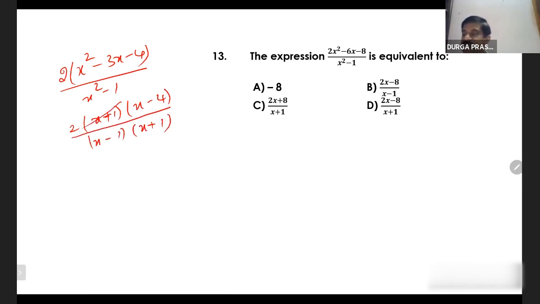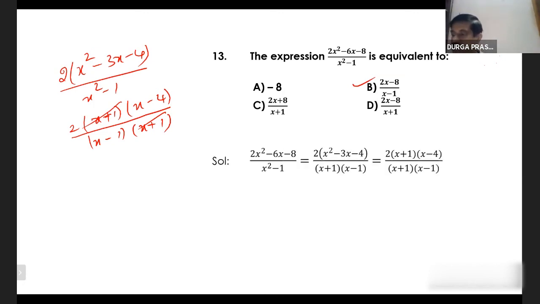So x plus 1 gets cancelled. You'll get it as 2x minus 8 by x minus 1. 2x minus 8 by x minus 1 is option B. Please note it fast, quick.